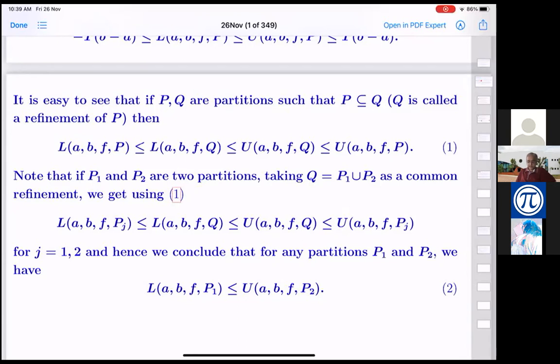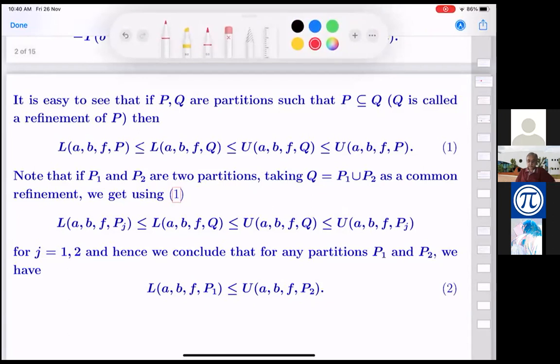And then, as noted above, for P1 as well as P2, the lower bounds are smaller than LFQ and upper bounds are greater than UFQ. So from here we can get that, let's say, read this inequality with j equal to 2 and read this inequality with j equal to 1, this with j equal to 2.